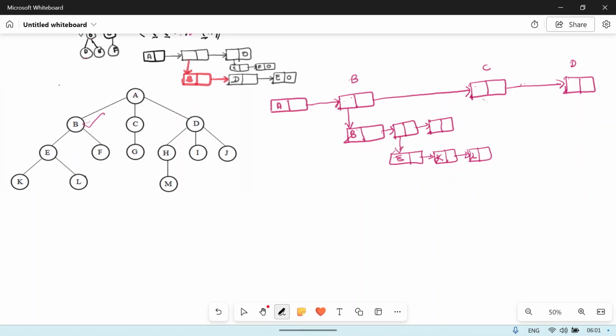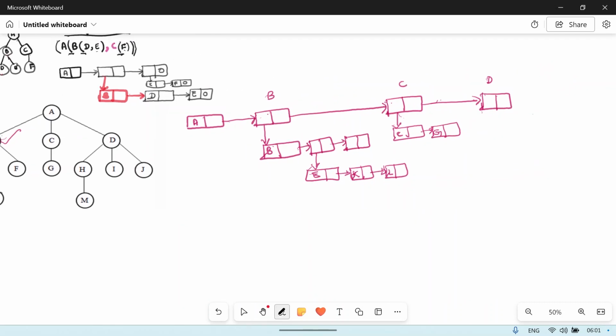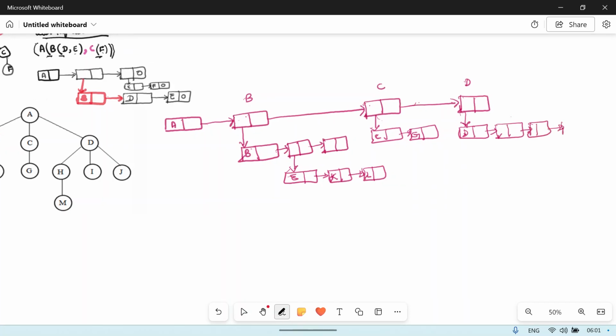Next, come to this part. Is C having child nodes? Yes. So C will be written like this, followed by its child, that is G. Now come to the D part. So D node has three child nodes. One is H, the other one is I, and the other one is J. Is H having a child node?